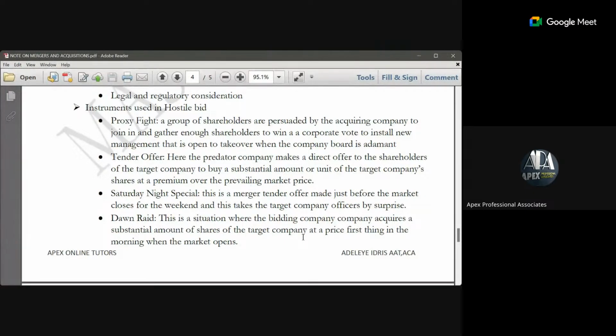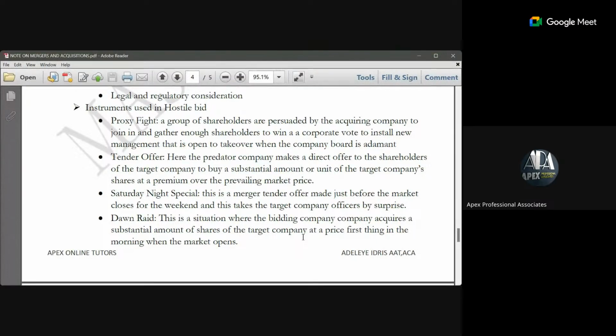Just like I explained, the predator company won't even go to the management team to say, okay, management, this is what we want to offer you. They would just go directly to the shareholder to say, shareholder, we are willing to buy your shares.